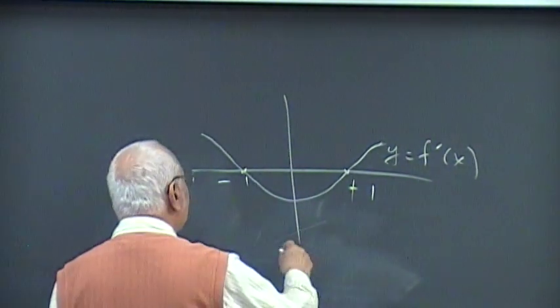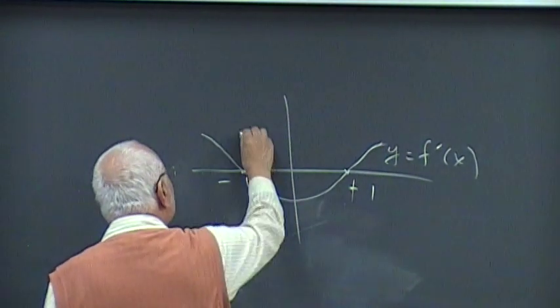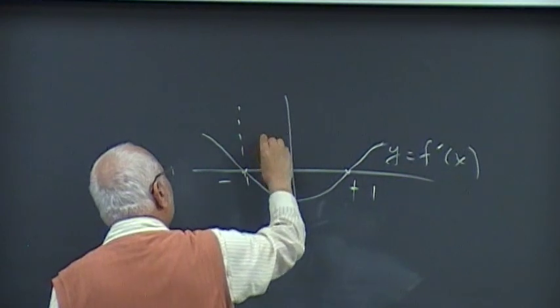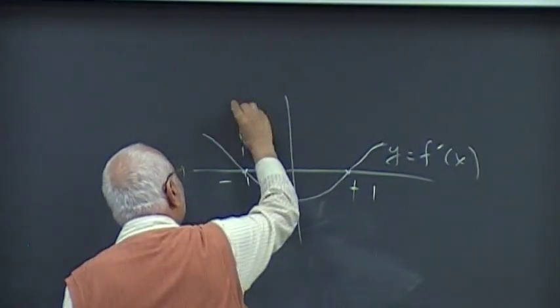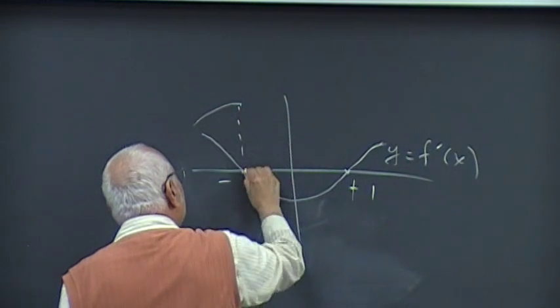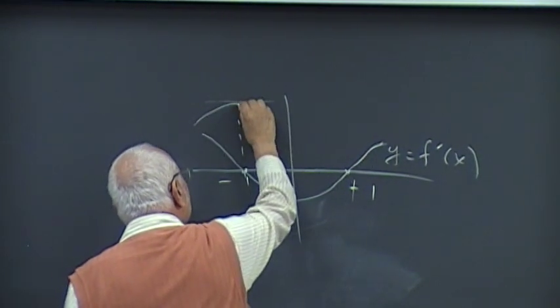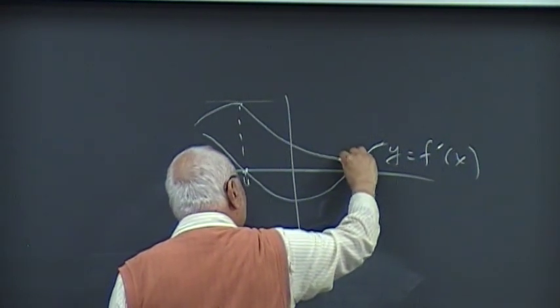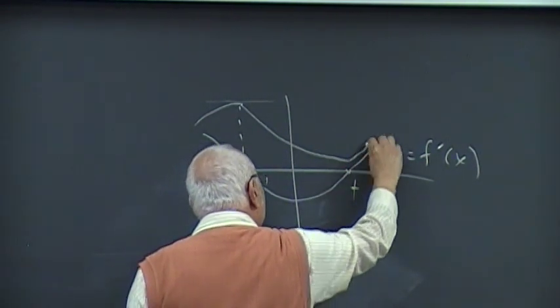So this guy changes. Right here is going to be a local maximum, right? Because it's up. And then right here, the derivative is equal to 0, and it's going to continue down until you get a little lower, right there, and then it goes up right here.